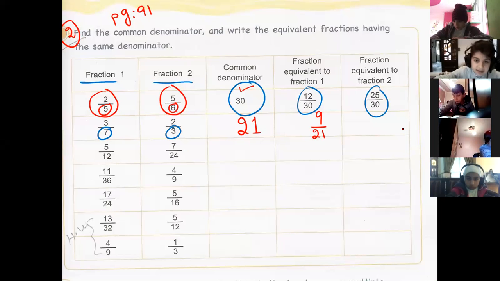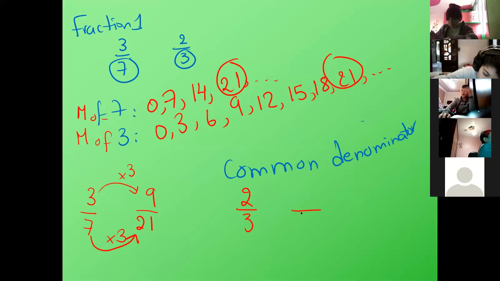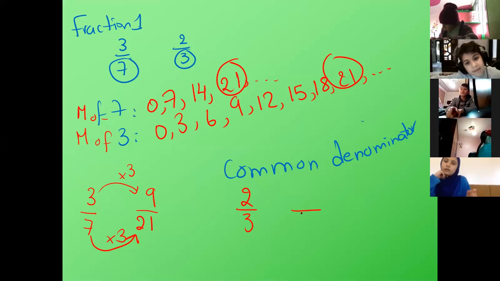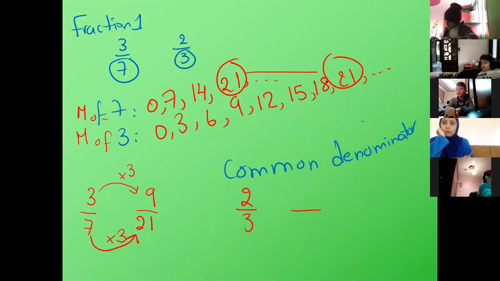Now, Hassan Jaber, how do we find the fraction equivalent to fraction 2? Fraction 2 is 2 over 3. How do we find the equivalent fraction to 2 over 3? First, what is the common denominator?